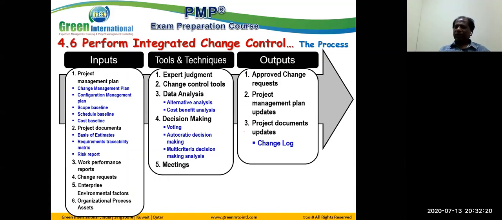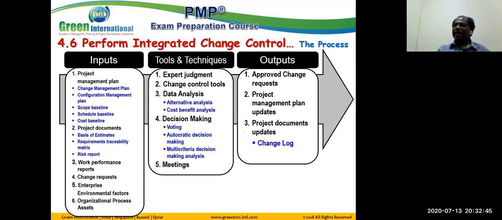Why do you need the requirement traceability matrix? When you are changing certain items, you must know what requirements are affected, what requirements are changed, and who are the stakeholders who have defined these requirements. We must know. Then only can we involve them in our change management exercise.